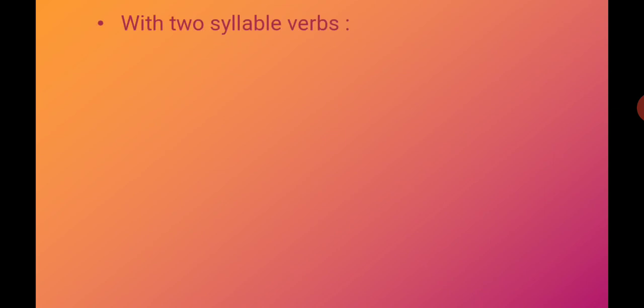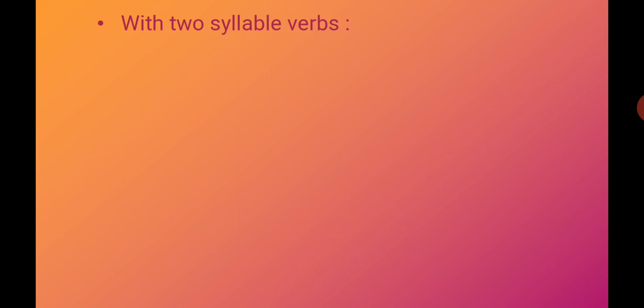Let's see another rule with two-syllable verbs. As we know, what are two syllables? The words made of two smaller words are called two-syllable words, right?